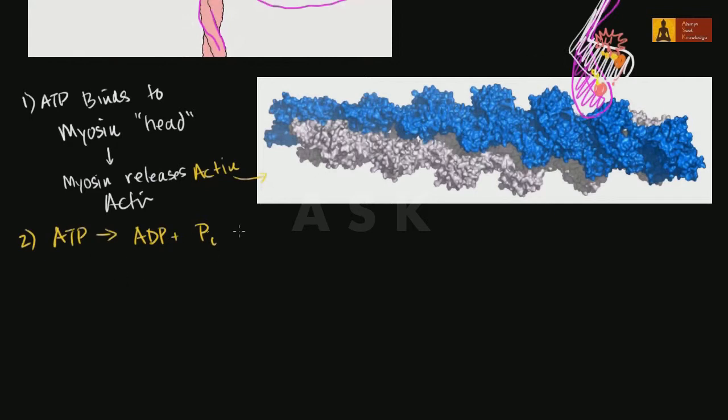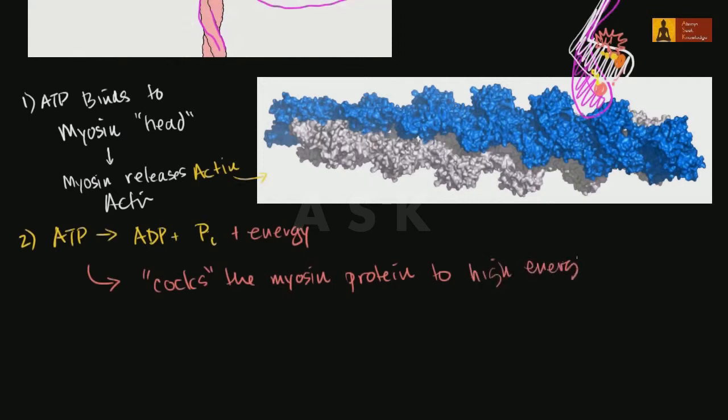So in step 2, plus energy, this cocks the myosin protein or enzyme to a high energy state. You can imagine it winds the spring, or loads the spring, to a high energy conformation. And conformation for proteins just means shape.